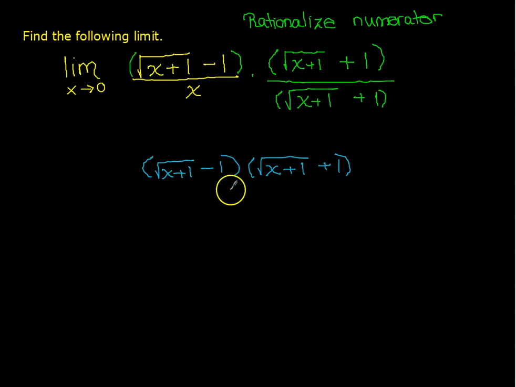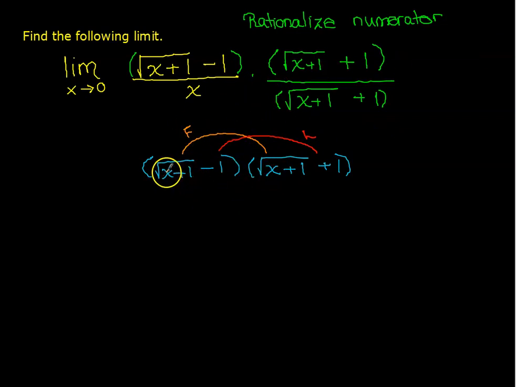You could do FOIL, but what happens when you do FOIL is outer and inner will always add up to be 0. So the shortcut or trick to multiplying conjugates is you could also do what's just called Florida, meaning first and last. Now, if you do FOIL, you'll still get the same answer. It's just, the outer and inner will add up to be 0. So I'm going to show you just first and last.